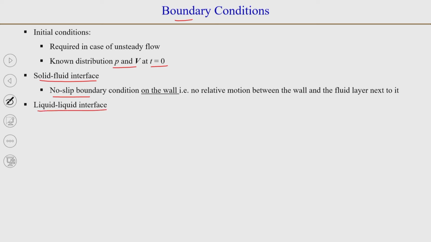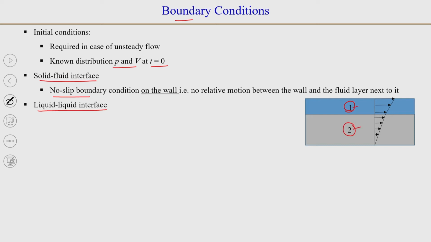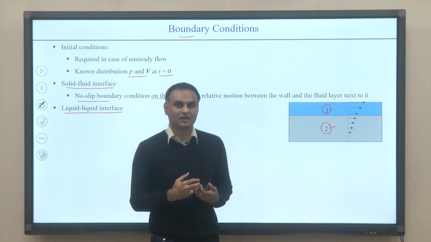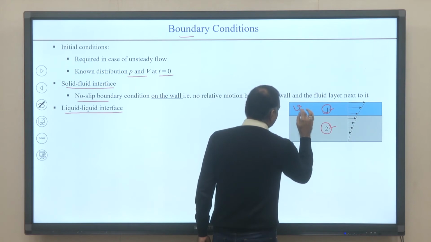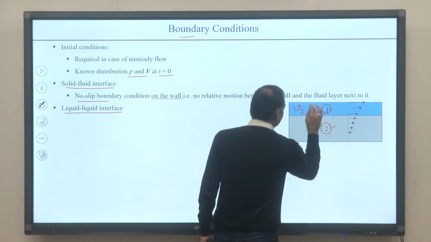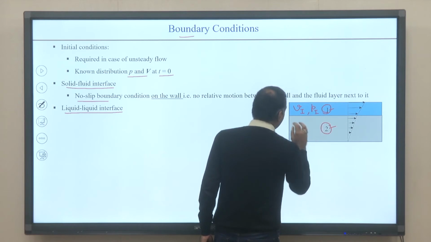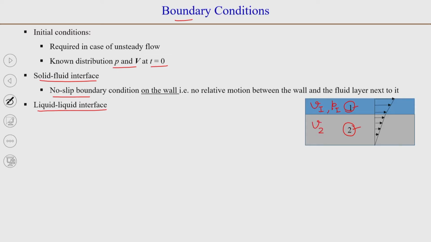Now, at a liquid interface or a fluid interface in general, if you have two fluids or two immiscible liquids in contact with each other, fluid 1 and fluid 2, then in order to find the velocity field in such a system, you will need to solve the velocity and pressure field for fluid 1 and the velocity and pressure field in fluid 2.